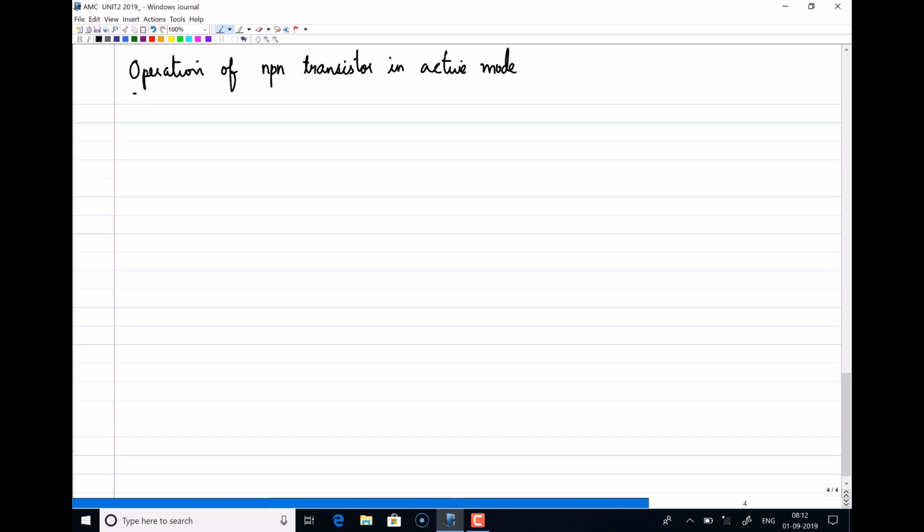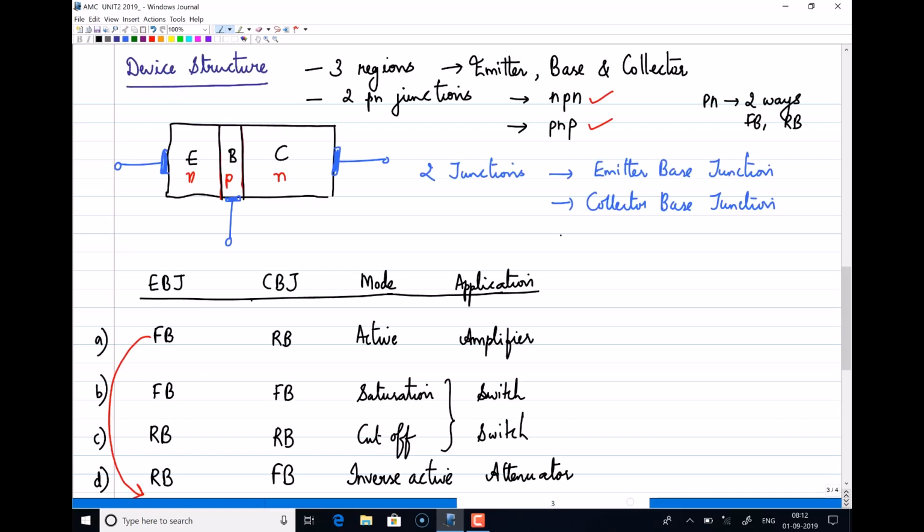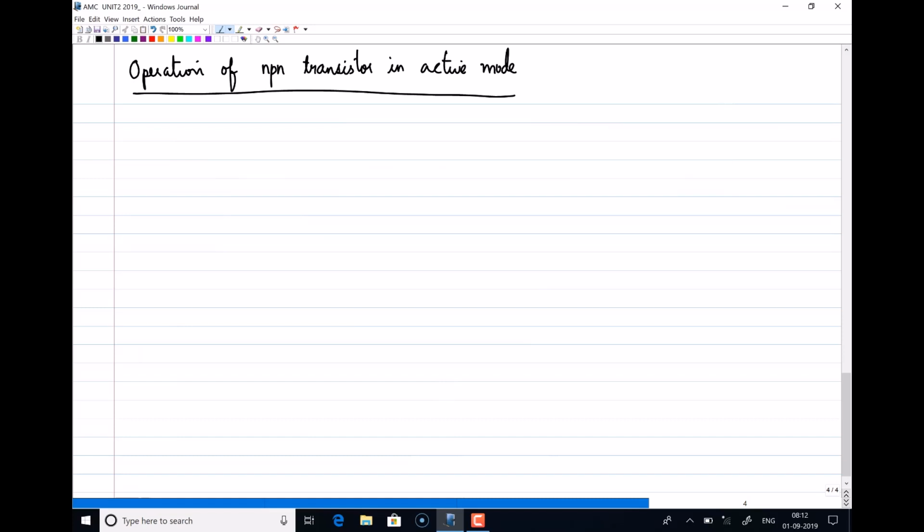This course is all about learning how to design amplifiers using different devices. So here since I mentioned that BJTs are used as amplifiers in active mode, we'll discuss the active mode of operation, and I'm considering the NPN transistor for the discussion purpose, right?